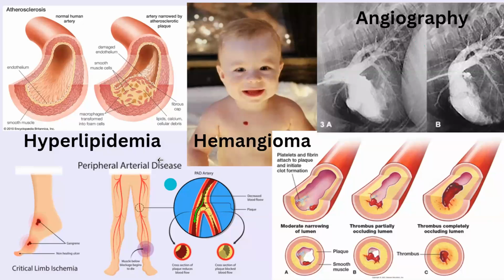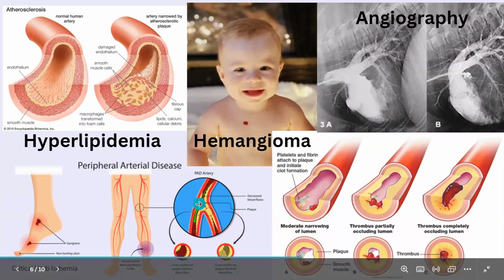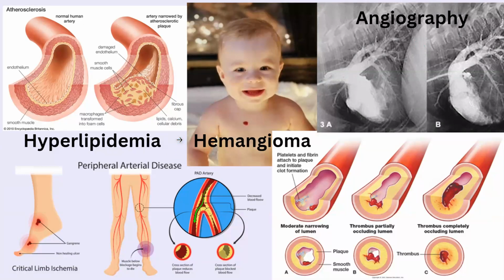Then our bottom half here, peripheral arterial disease. This is caused by a buildup of plaque. So this is another consequence of hyperlipidemia. And like we showed in our atherosclerosis diagram, when we have that buildup, we're going to end up with decreased blood flow.